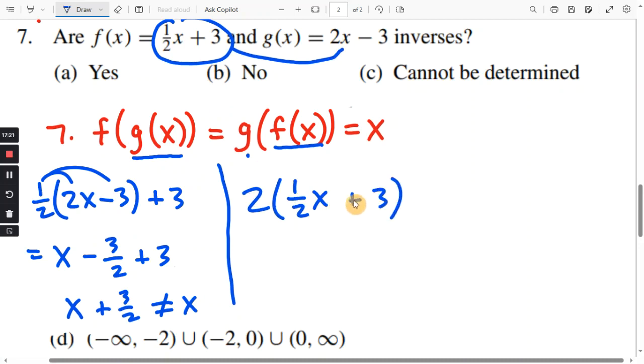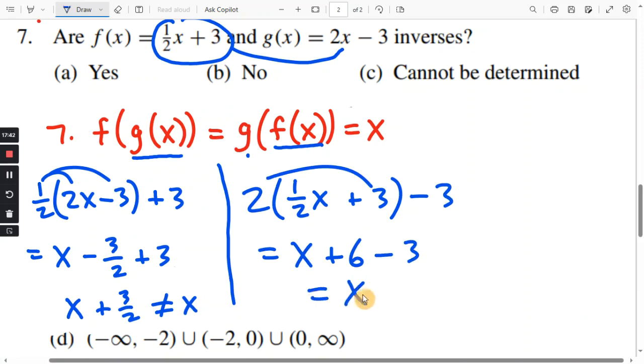Whenever you plug in a function in place of x, use parentheses where that x would have been. It's cleaner. And then you have a minus 3. 2 times 1/2 x, the 2 times 1/2 cancels, and then 2 times 3 is positive 6, minus 3, and that's going to be x plus 3, which does not equal x.